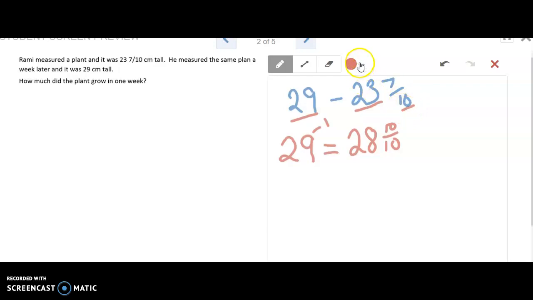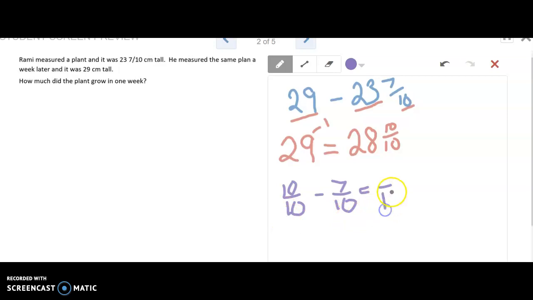All right, let me move on and let me now take a look at my fraction parts. I'm going to subtract my fraction parts. So I've got my 10 over 10, and I'm going to subtract my 7/10. We know that when we subtract fractions, we have to have the like denominators, and we do here.